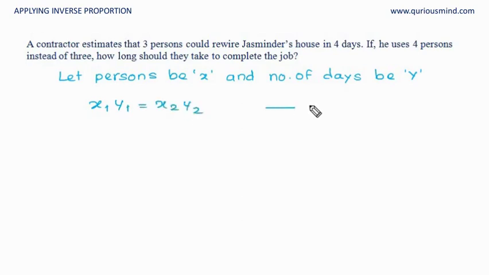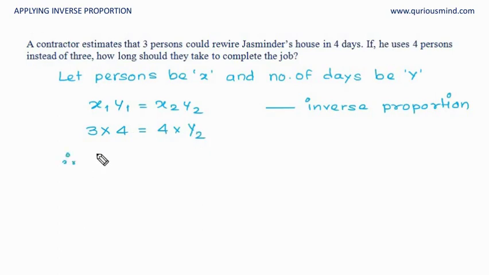That is because it is an inverse proportion. So x, we are talking about persons, 3 persons, into y, we are talking about number of days. So 3 persons require 4 days. x2, 4 persons into y2. We don't know how many days.